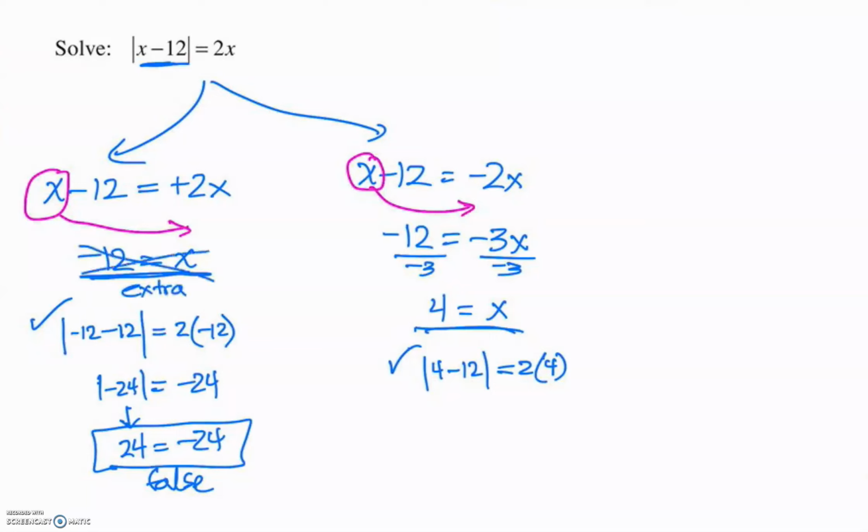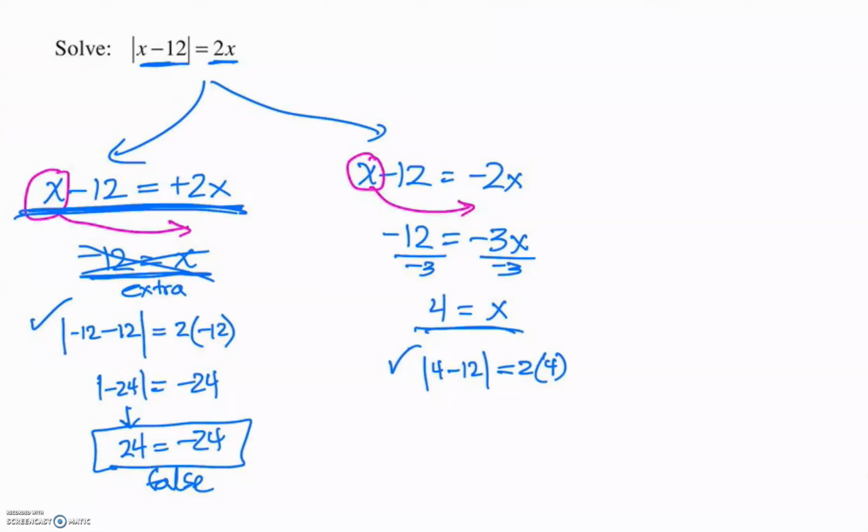We can actually cross it out because it doesn't work in the original equation. Even though it worked at this stage, after we got rid of the absolute value, it doesn't work all the way back. And that's because the absolute value removes the sign. And sometimes when you remove the sign, especially if you have an x on the other side, you may end up with an issue that arises.